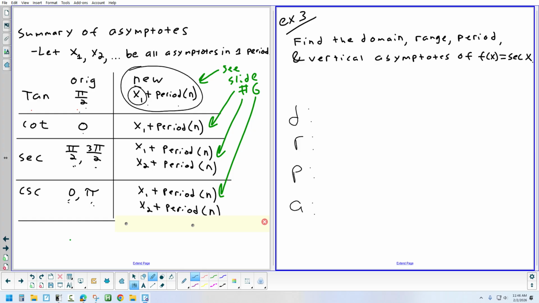Let's start with the period. That's the one I would always start with. All right, what's the trig function they're asking us about in this problem? Mia, what's the trig function?